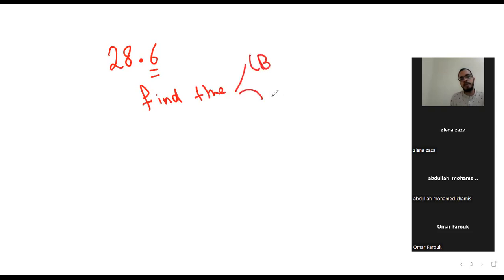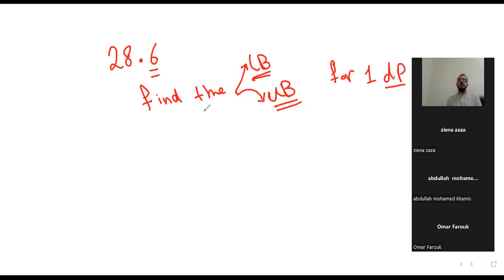Okay, let's take another example. For example, I have a number like 28.6, and he says find the lower bound and the upper bound for one decimal place.